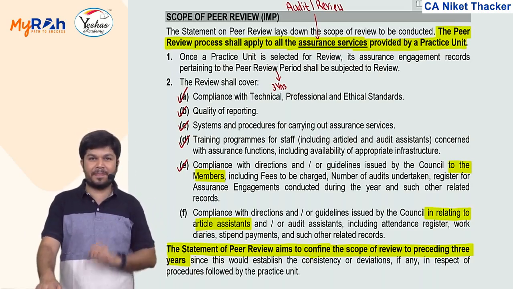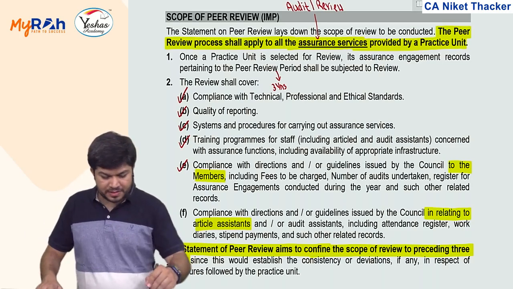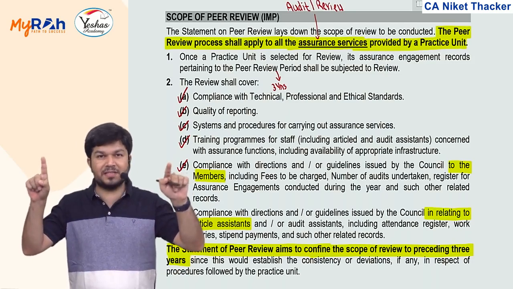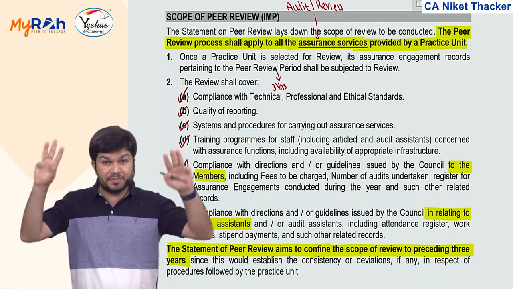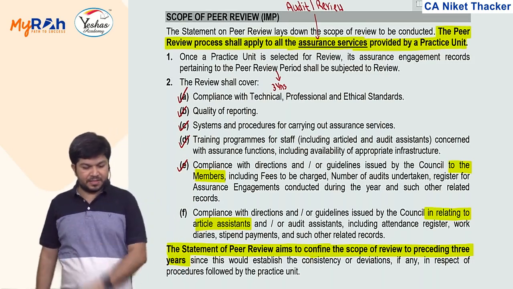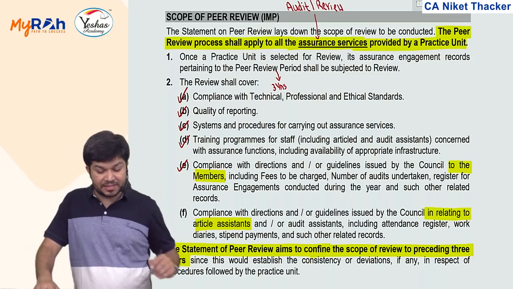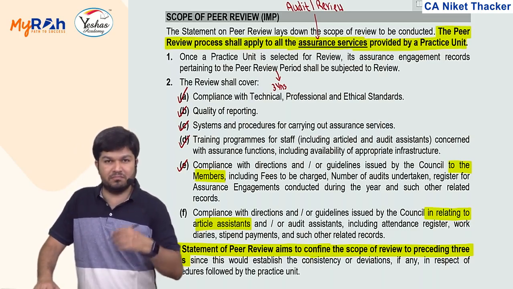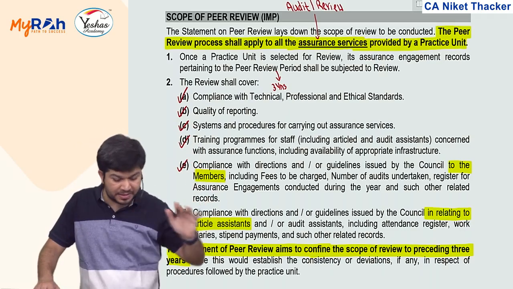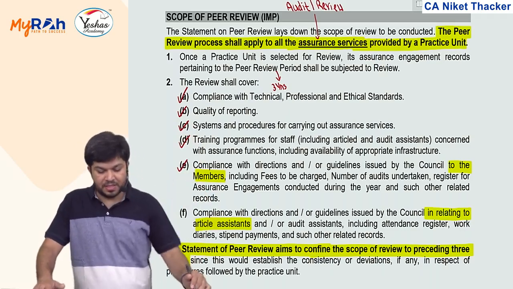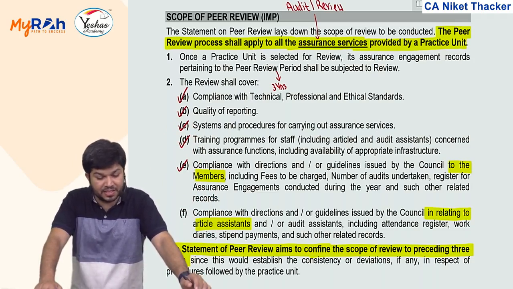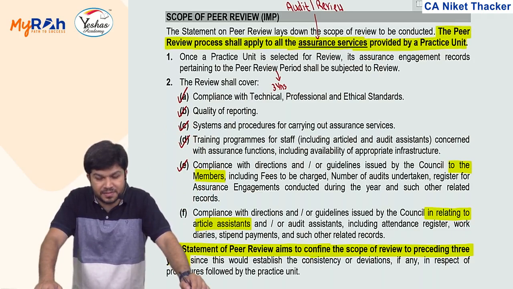There's a difference. Okay, all these things will be covered under review. Whether you are complying with technical, professional, ethical standards, your quality of reporting, systems, procedures which you have, how you give training to your staff, how you comply with directions, guidelines issued by the council relating to fees charged, ceiling on audit, register you maintain about your assurance engagement, and how you comply with directions, guidelines issued in relation to article assistant.